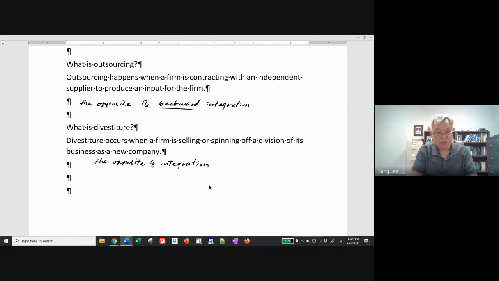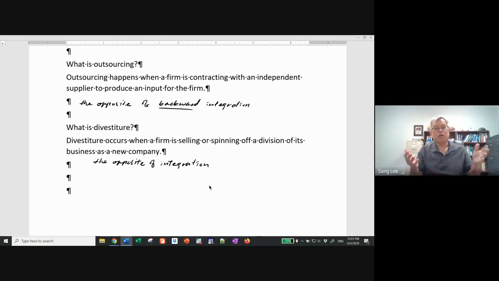Well, a divestiture most commonly results from a managerial decision to stop operating one of its business units because it is deemed redundant or a non-essential part of its core competency.